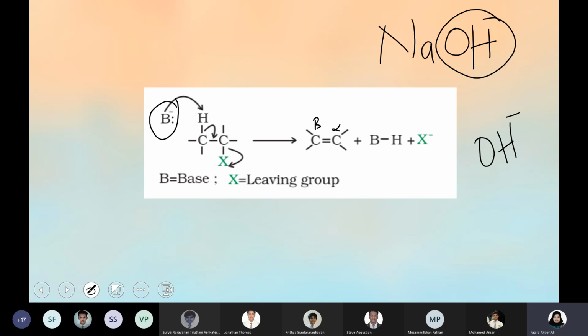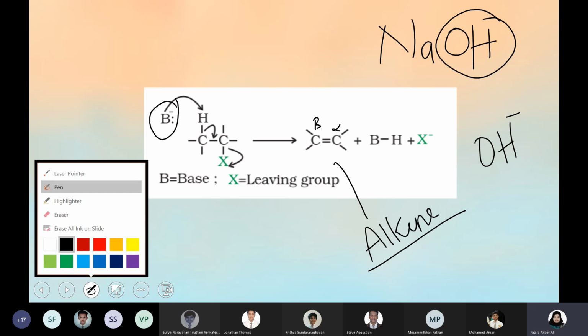That means what you are getting is an alkene after the dehydrohalogenation of haloalkanes. We discussed the same reaction last year also, so you can go back to those topics to revise.